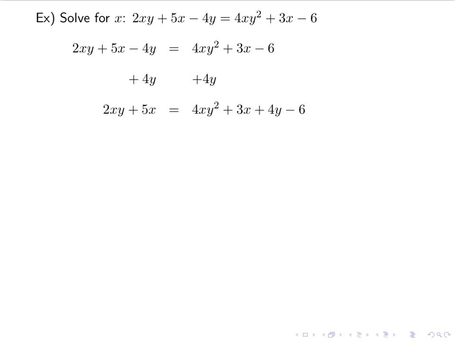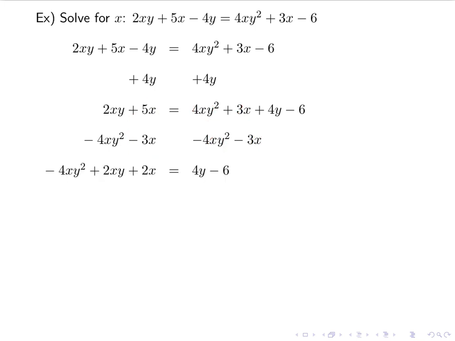Couldn't really do anything on the right, so I still have all of those 4 terms, right? Nothing combines there. And then I'll move everything with an x on the right to the left. So again, everything with an x on the right is being moved over. I can combine these two, so I will.